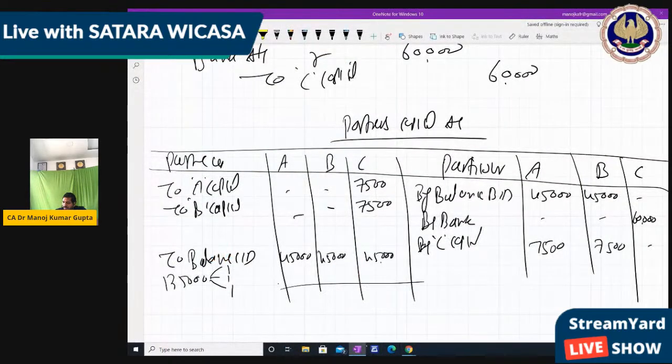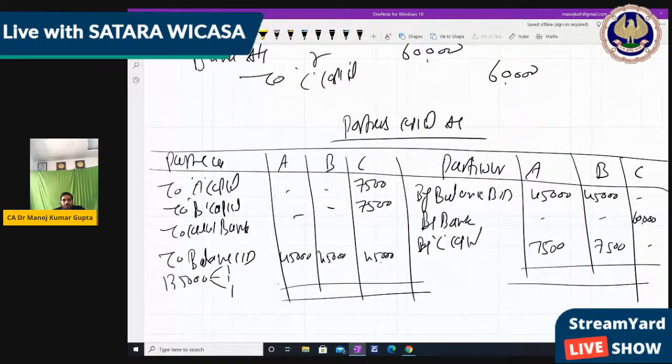Now what are the balances? Either we can transfer to current account or we can transfer to cash bank account. We'll transfer to cash bank account. So it's finished, right? So 45 plus 7,500, 52,500, right? 52,500. 7,500 they will bring in back, means they will withdraw.